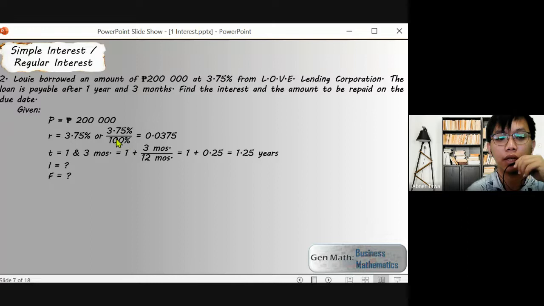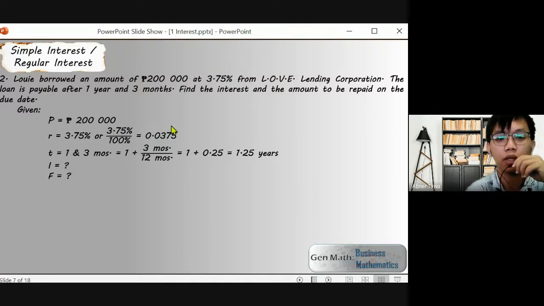So given na yan, and the answer for that is 0.0375, or just move 2 decimal places kung ayaw nyo nagdi-divide. So from the point here, dito sa gitna ng 3 and 7, just move 2 decimal places towards the left. So 1, 2, then that will be 0.0375. So that will be the rate of interest.